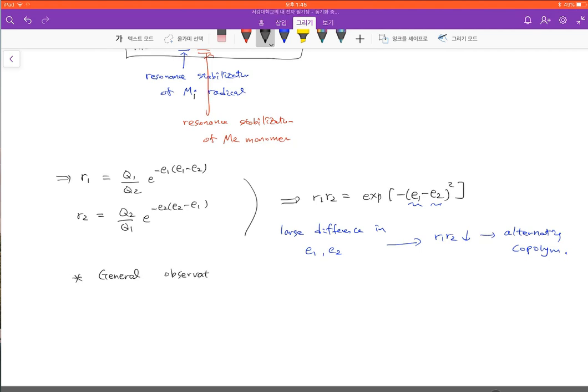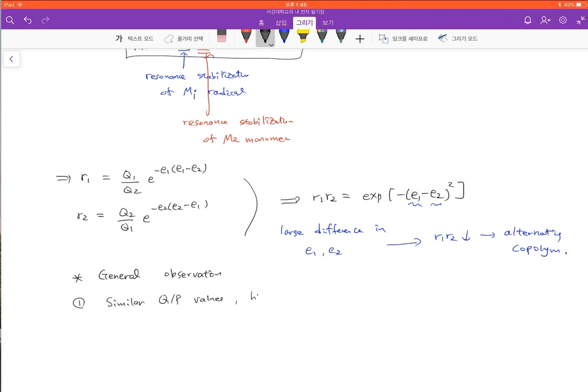So if you look at the general observation regarding this polar effect, let me just write it down.